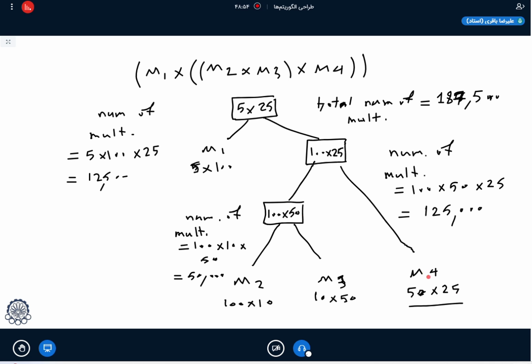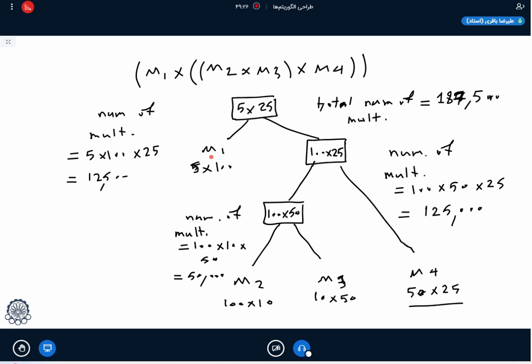So the number of multiplications done here is 100 multiplied by 50 multiplied by 25, which is 125,000. This is the number of multiplications, and the resulting matrix has 100 rows and 25 columns.